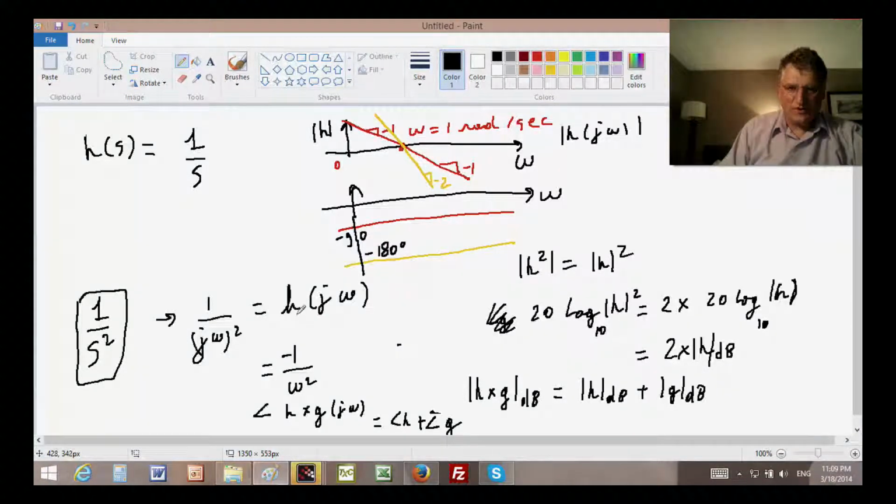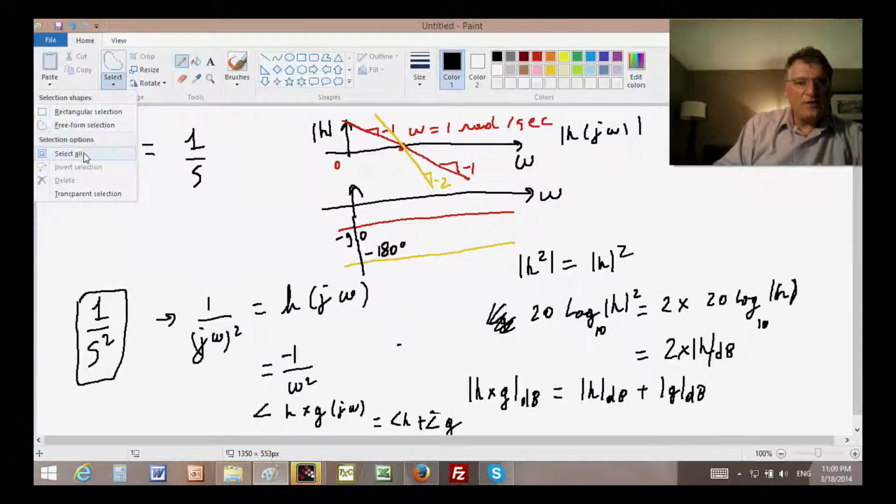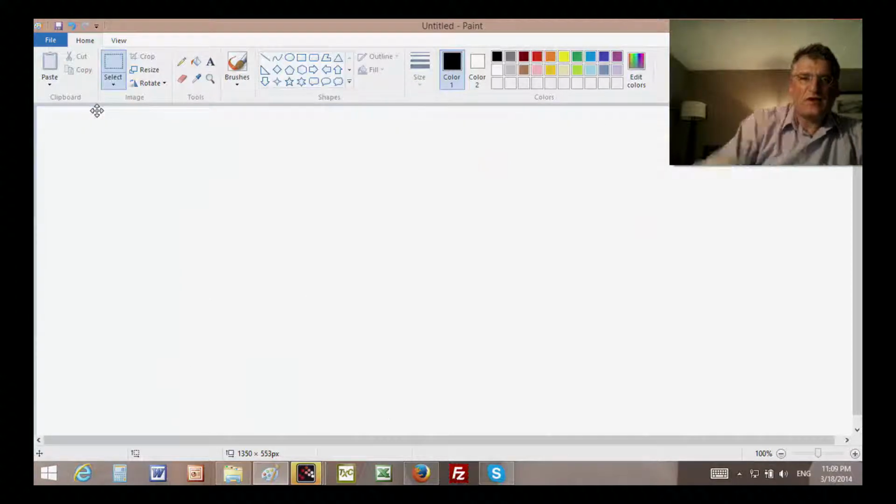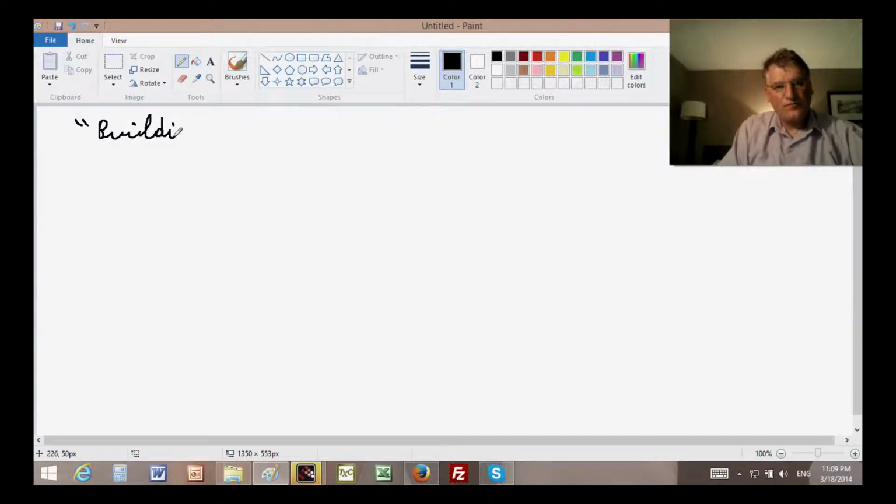However, before we do these tricks, I would like to go over more simple transfer functions. The reason is that they are sort of what I would call the building blocks for those transfer functions.